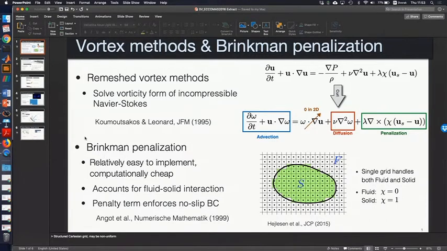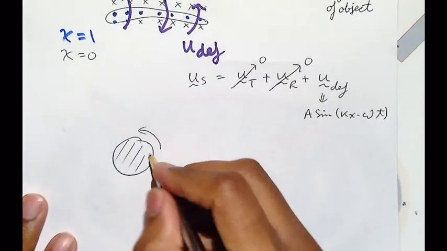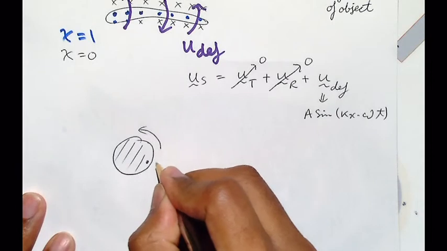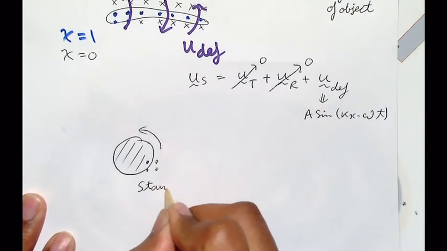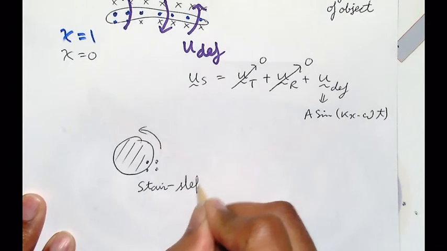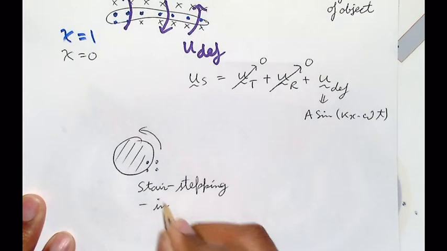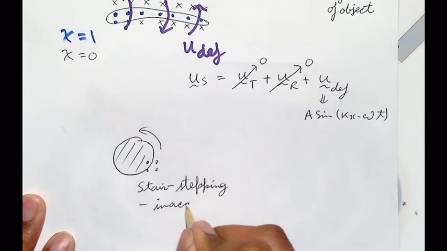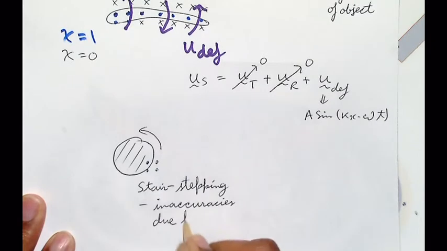All right, so as I was mentioning, there's this issue of stair stepping, which can lead to inaccuracies because of numerical oscillations.